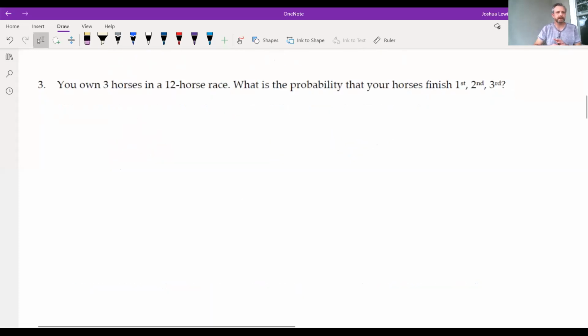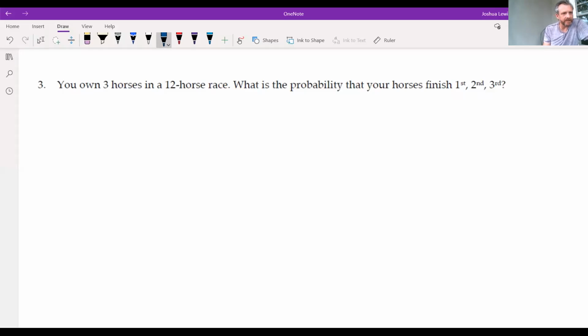Okay, number 3. You own 3 horses in a 12-horse race. What is the probability that your horses finish first, second, and third? There are actually 2 ways to do this. We can look at this from a permutation perspective or a combination perspective.